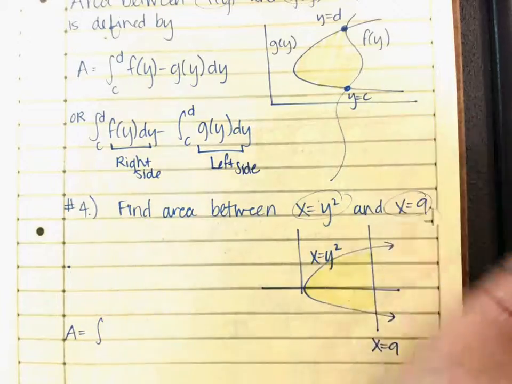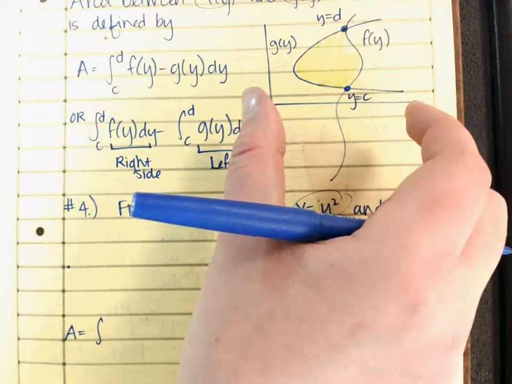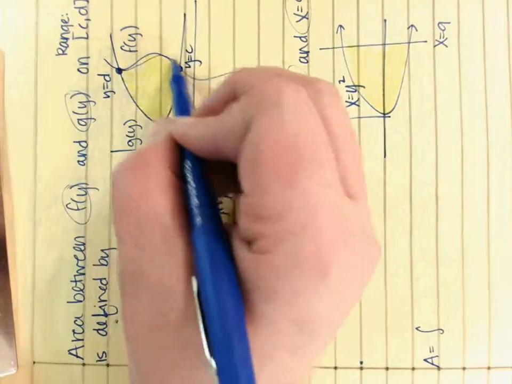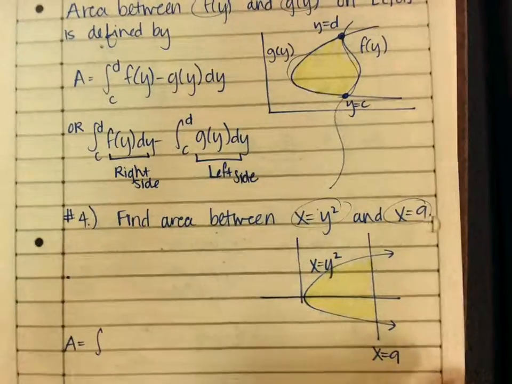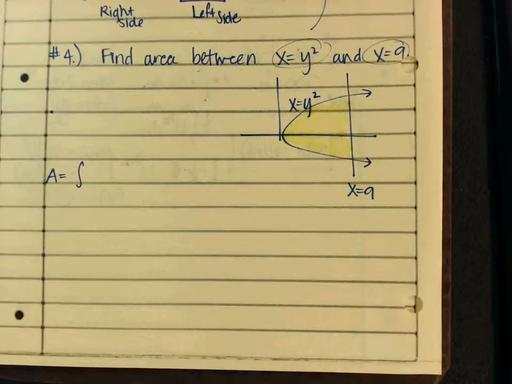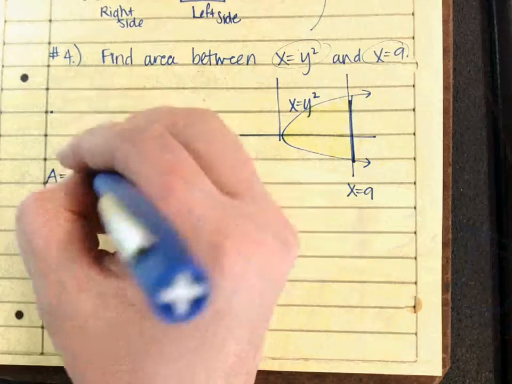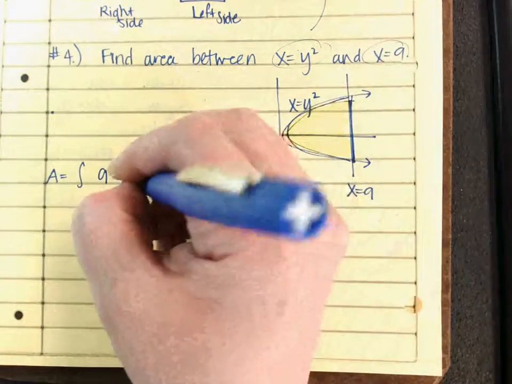Now, if you don't know your right from left, just turn your head to the side like this, and now you can see that f is on the top, g is on the bottom. Okay, but really, we're just going to talk about it in terms of right minus left. So if I'm looking at my new graph here, this is the right side, so it has to come first. So I'll do 9 minus, and then this is the left side, y squared.